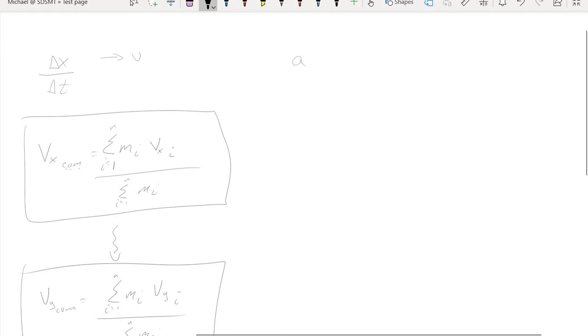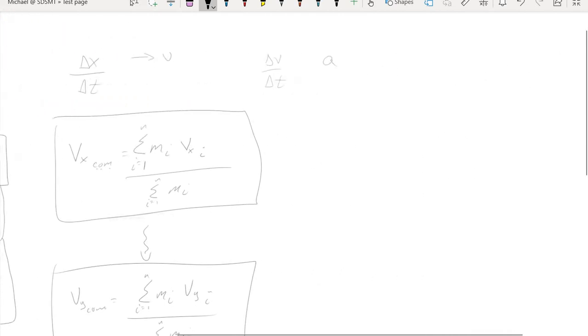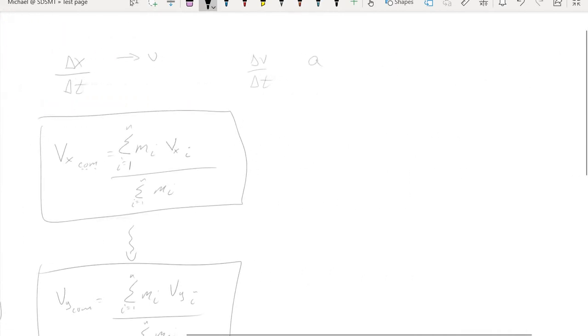How do we get acceleration? We have to have a change in velocity with respect to time. Just like the position, if position can change just by introducing a delta, there's no reason that velocity can't change just by introducing a delta.